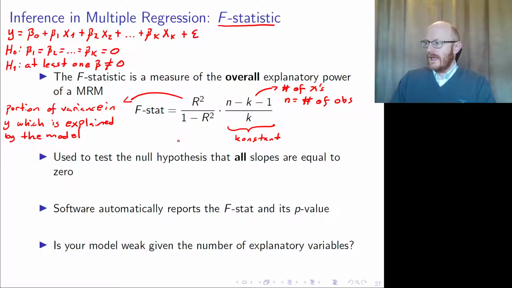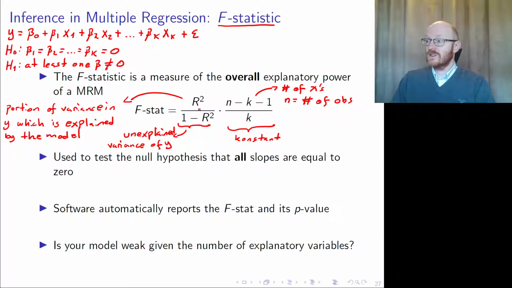Okay, and then 1 minus r squared is the unexplained variance of y.